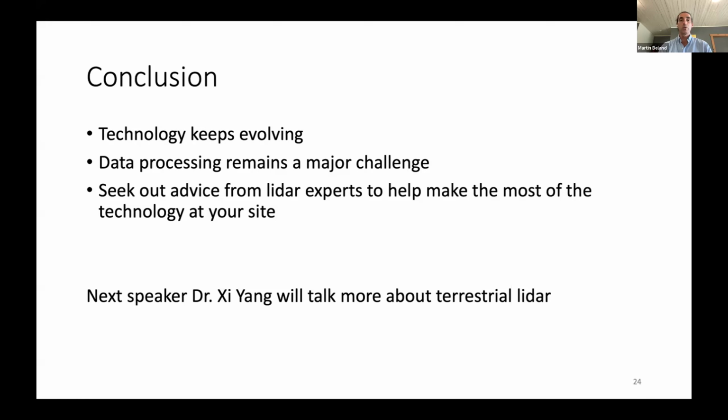So collaboration with people that have experience is still a very good thing, I think. And when you're looking at using LiDAR data at your sites for different projects, I encourage people to seek out advice from people that have used these systems. So with that, I'm going to pass it on to Xi Yang, who's going to talk more about terrestrial LiDAR.